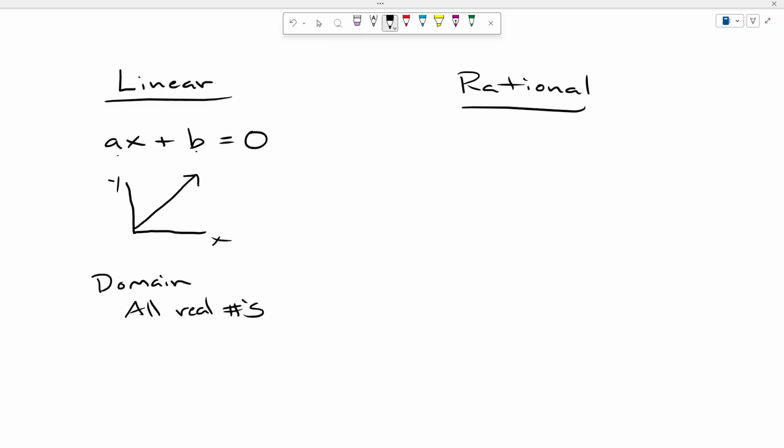And then, in contrast, the rational has the variable in the denominator. And then we have to exclude values that make the denominator 0. So we end up with domain restrictions.